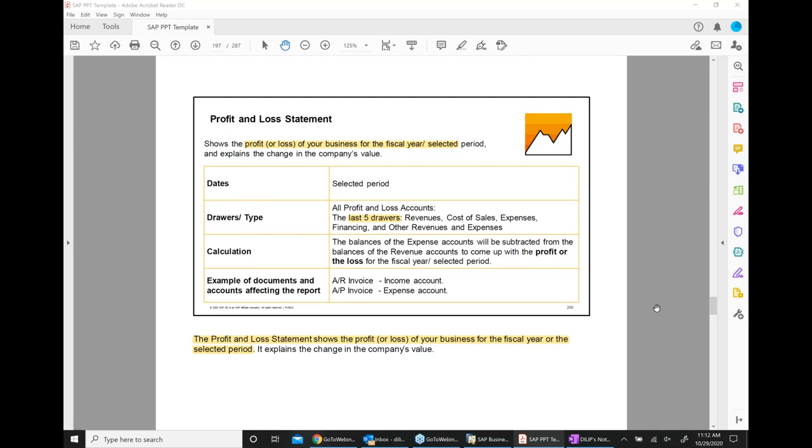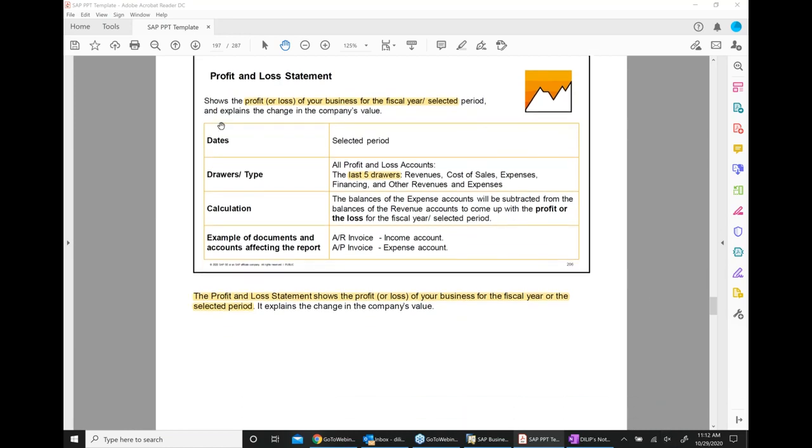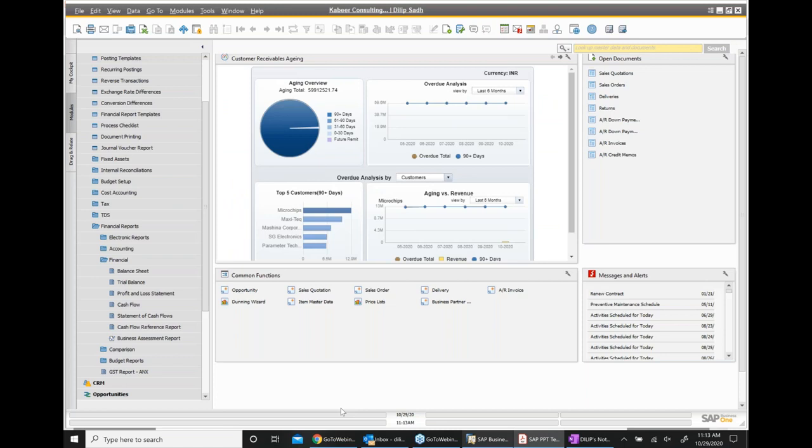It is in the name, right? So we have profit and loss of your business for the fiscal year in selected period. So we're talking the P&L. Here we talk about the balance sheet, the trial balance, and then we have P&L.